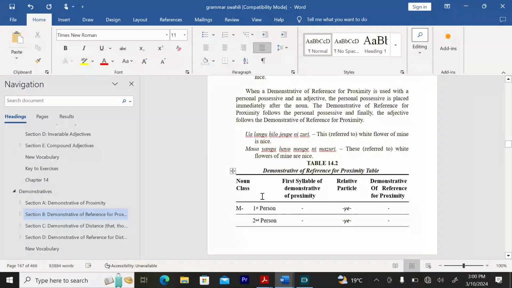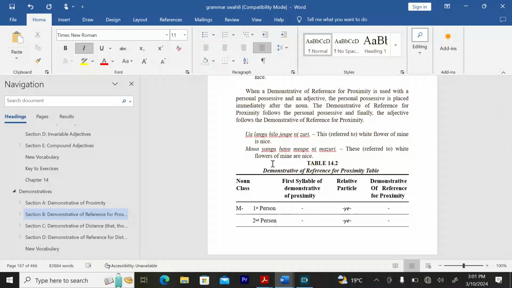Example: ua langu hilo jeupe ni zuri, which means this white flower of mine is nice.